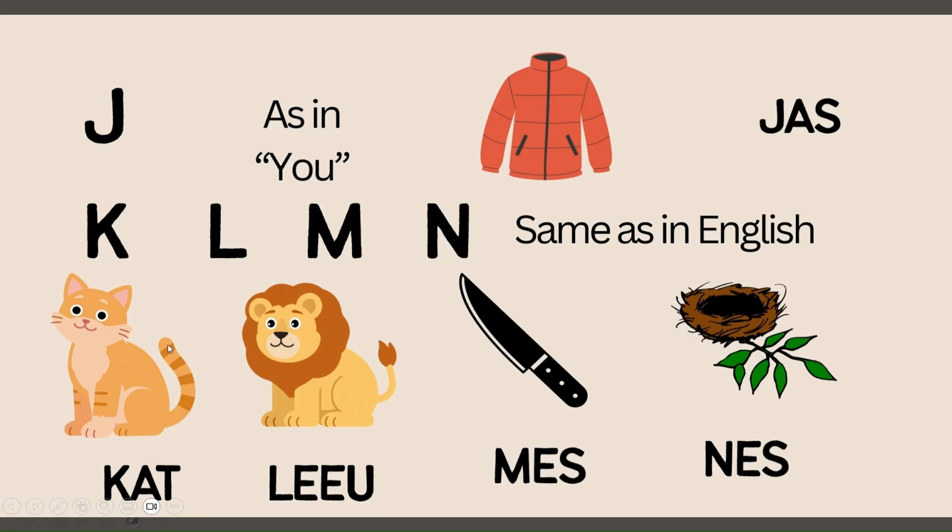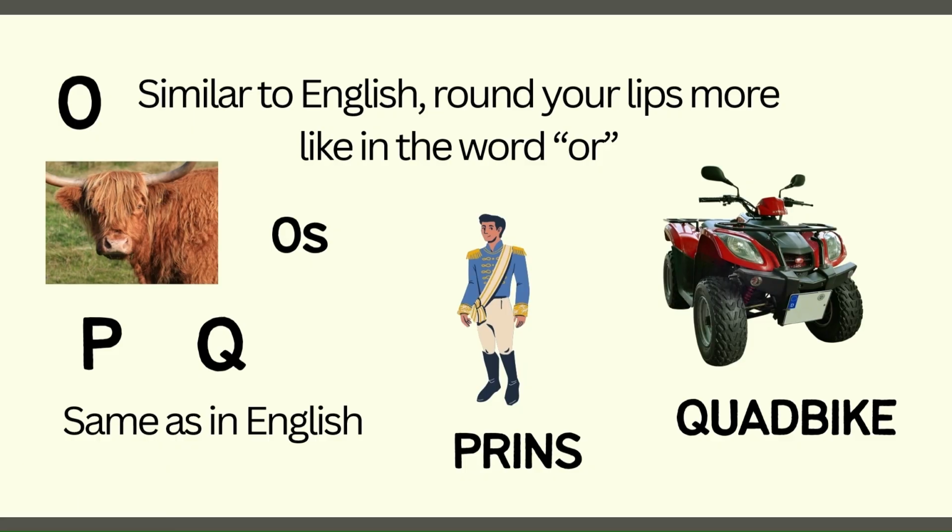Let's look at the Afrikaans words. K, kat. L, leeu. M, mes. N, nes.